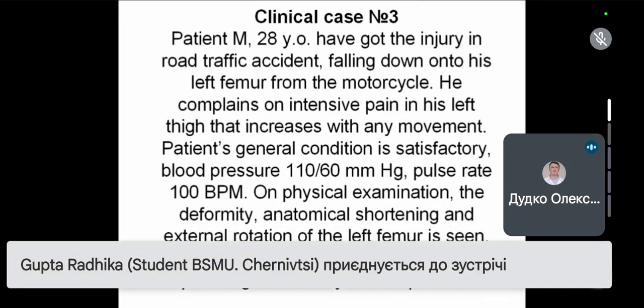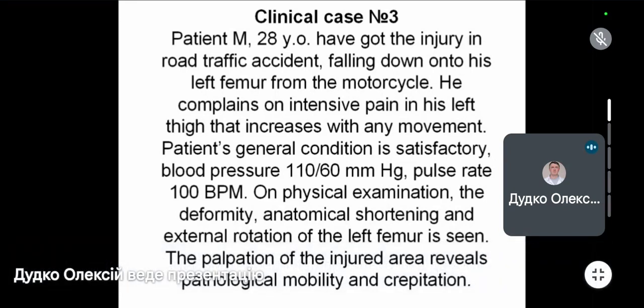There is local swelling as well, and when you're trying to palpate this area of the femur, it's very painful as well. Specific fracture symptoms, three main symptoms you should tell us: crepitation, pathological mobility at the fracture site, particularly in the middle third of the femur, and you can see the deformity.